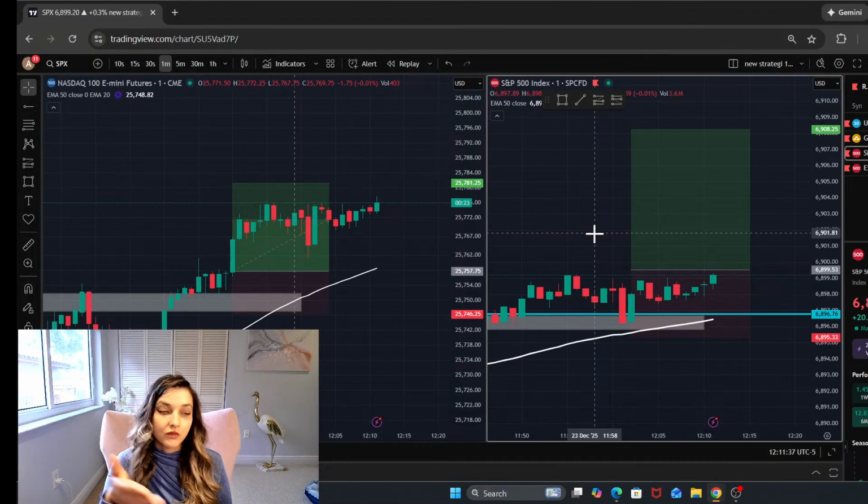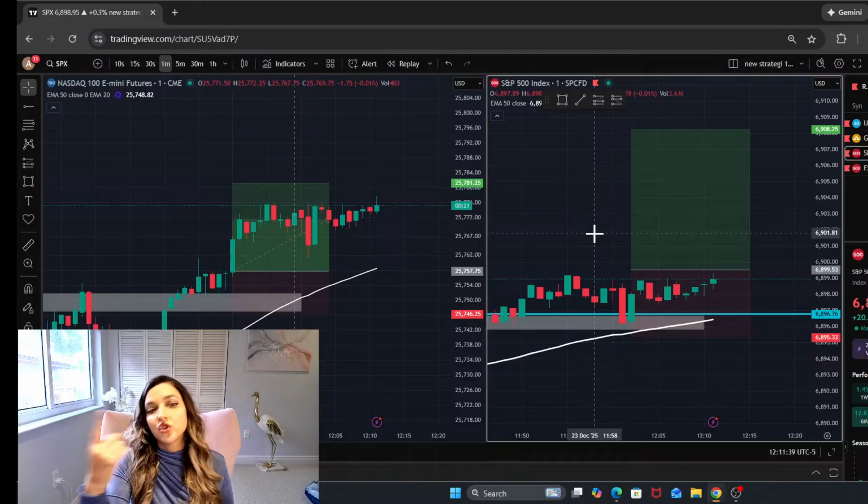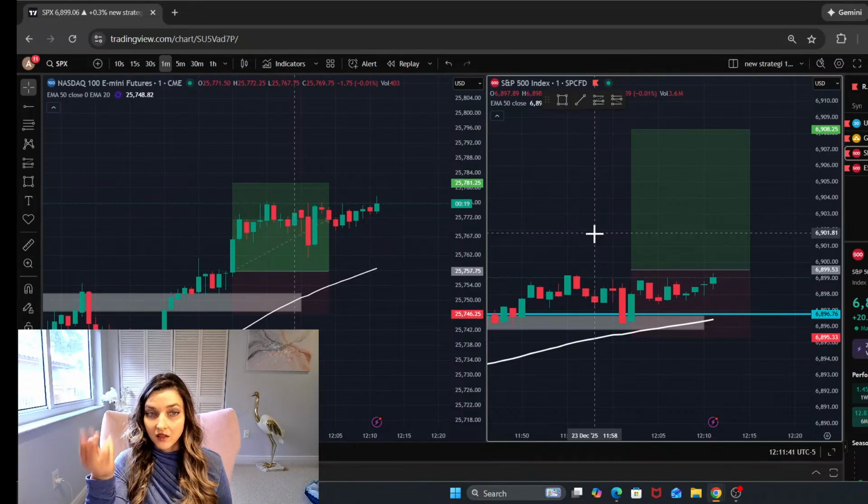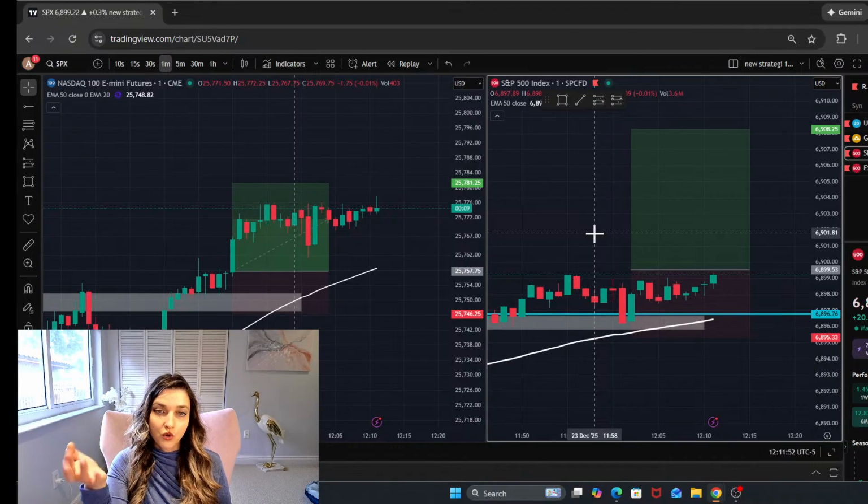So break and retest is one, just retest and EMA is another one. But you need to look for a strong area, like a strong demand or supply zone, where the price reacted strongly before, because sometimes that's what happens.